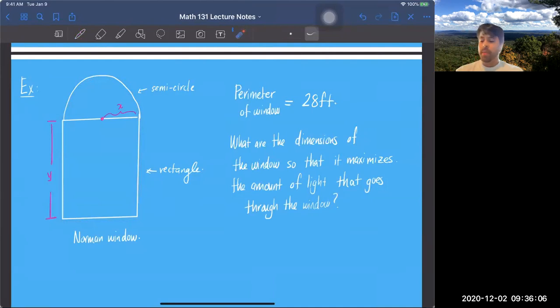I want the perimeter to be 28 feet long. The perimeter is all of this rectangle plus the semicircle, and I want all of that to equal 28 feet, while at the same time maximizing the amount of light that goes through, which is equivalent to maximizing the area. That's all I'm trying to do. Maximize area.